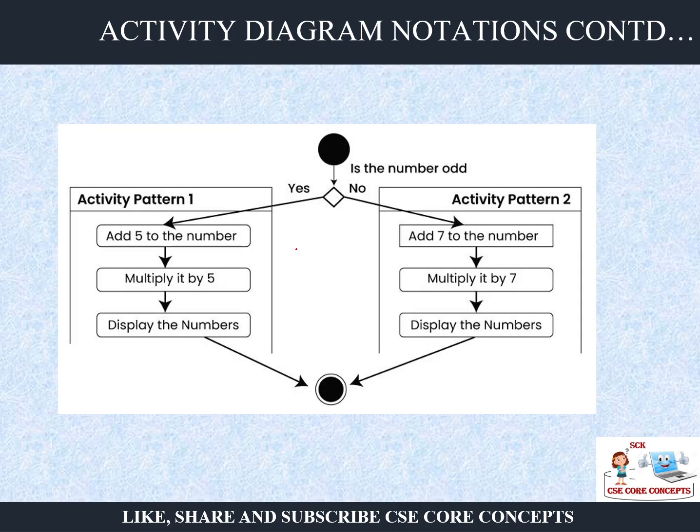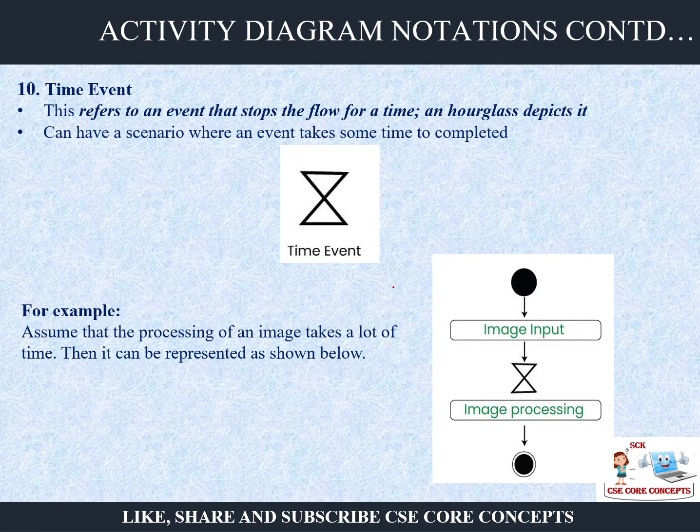So many activities, you can put them in a box. Okay, so this is one swim lane. This is the second swim lane. And on the top of this, you write the activity pattern 1 or whatever is the name. Understood? So here also you are going to write activity pattern 2. So you are breaking down and showing them as swim lanes.